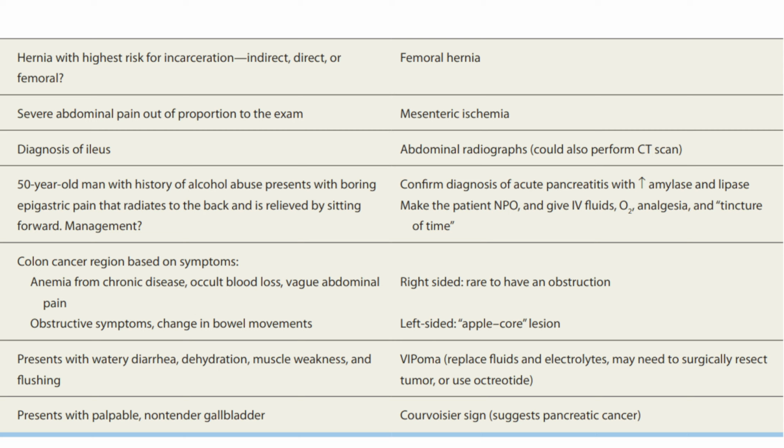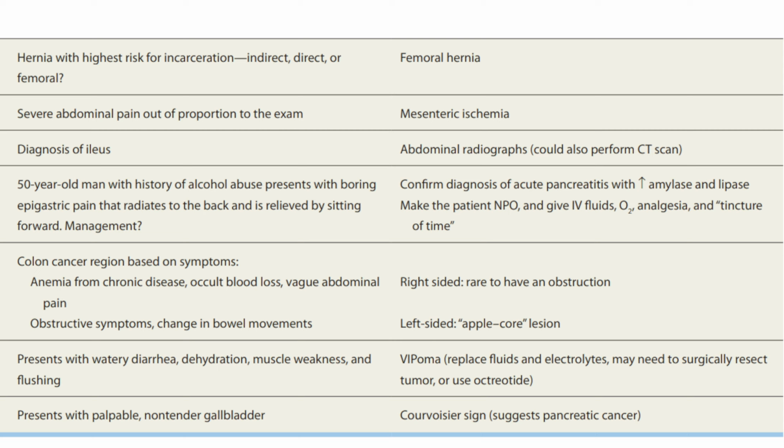A 50-year-old man with history of alcohol abuse presents with boring epigastric pain that radiates to the back and is relieved by sitting forward. What is the management? This sounds like pancreatitis.